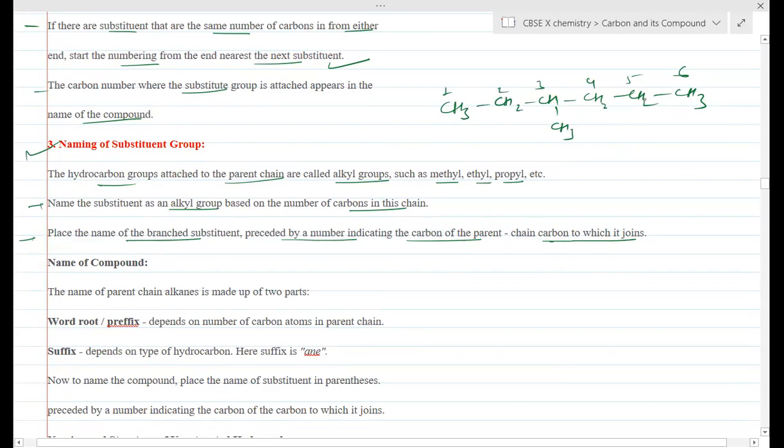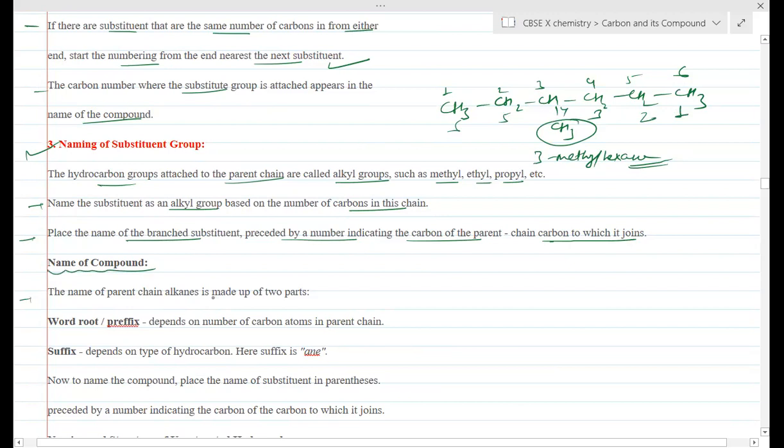Someone can number from this side also, 1, 2, 3, 4, 5, 6. If he numbers from this side, we get 4 methyl. But if you number from this side, we get 3 methyl. So you should write 3 methyl hexane. Am I clear?